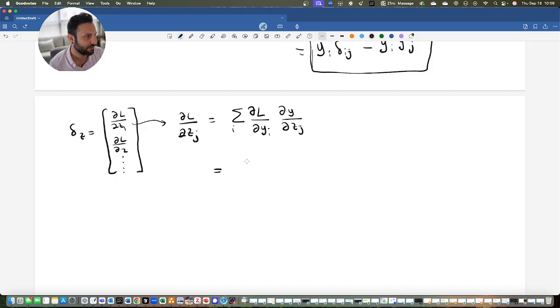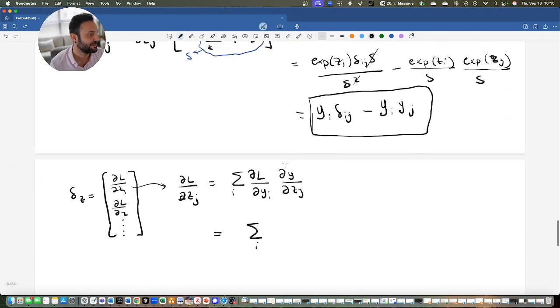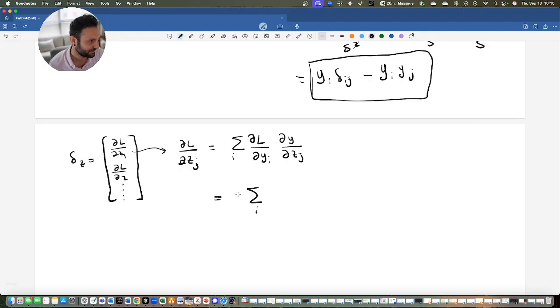So for all of the i's, what is my dL over dzi? This was nothing but negative ri over yi, and I will multiply it by yi delta ij minus yi yj.